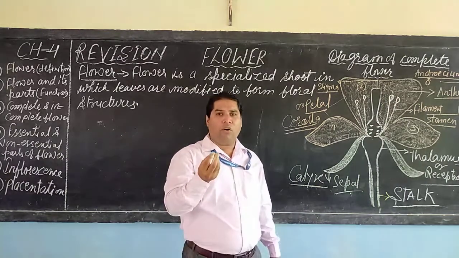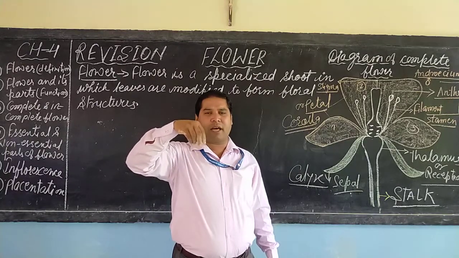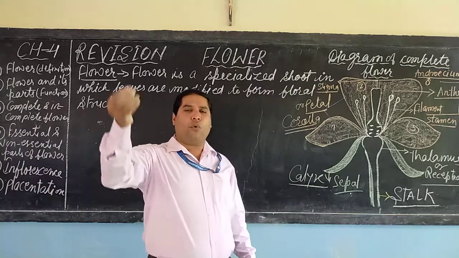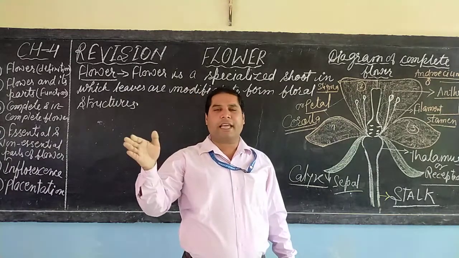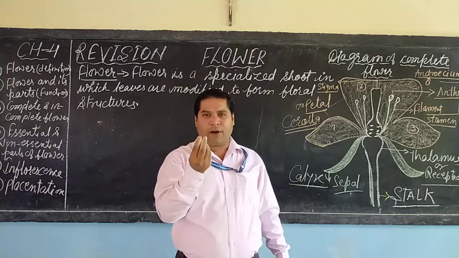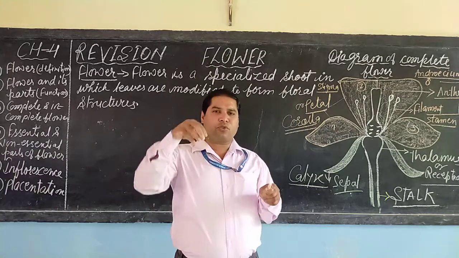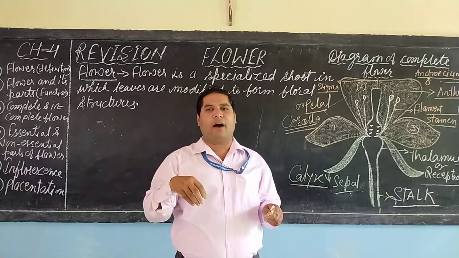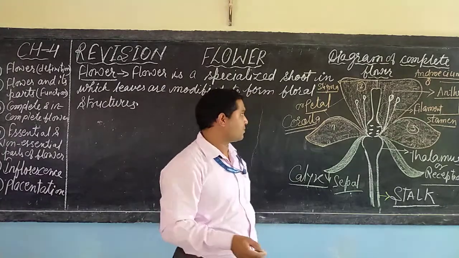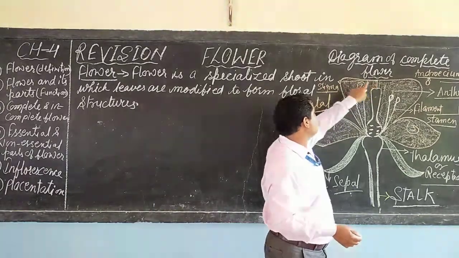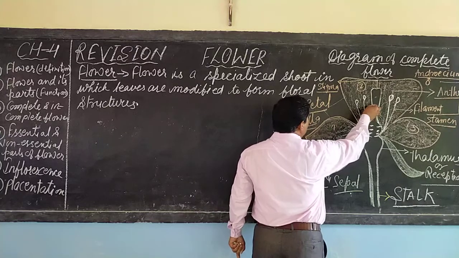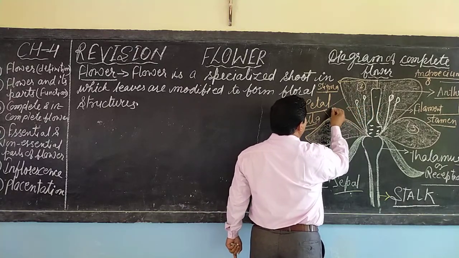On the stigma there are fine bristle type hair structures and some sticky materials, so that once pollen grains have landed, they can't be washed away by the pressure of air. This makes them remain on the stigma, and later they proceed in the fertilization process. So the topmost portion of the female part is known as stigma, while this portion is known as style.